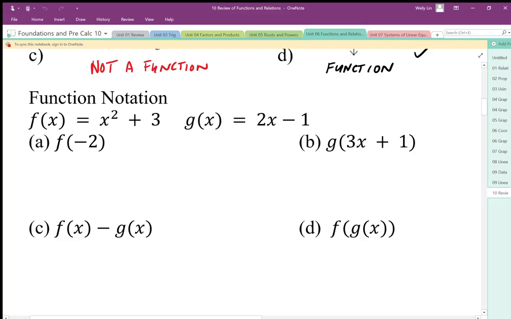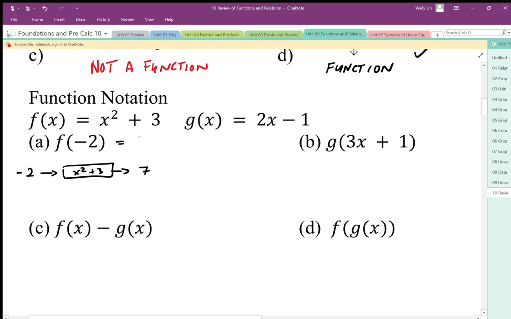We also want to understand function notation as input and output. There is our input. We need to put it through that function to get an output. My input is -2. I put it through the function x squared plus 3. Remember to square the negative, so it's +4 plus 3 is 7.